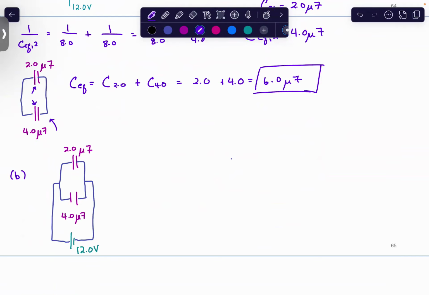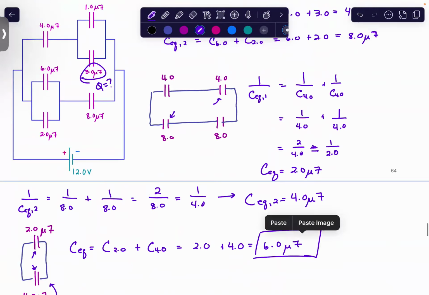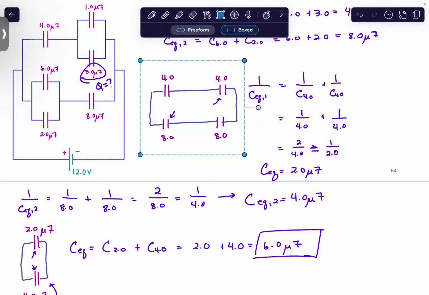This is going to give me 2.4 times 10 to the negative fifth coulombs, or 24 microcoulombs. Now I'm going to go back to this one.